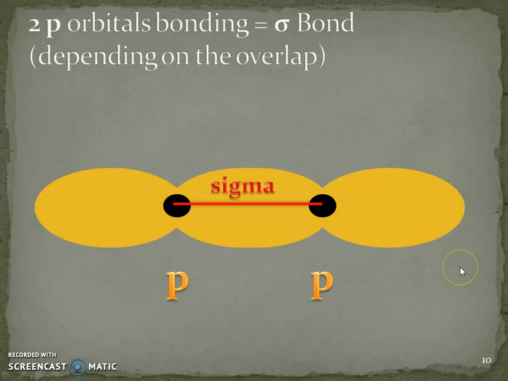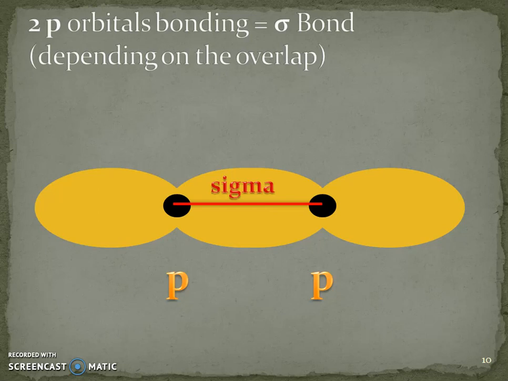So how about when two p orbitals come together? You have a p here, that's a dumbbell, and you have a p here, that's a dumbbell. The dumbbells share the overlap area in between, and that overlapped area is going to depend on what atoms are coming together. If you have two of the same, the overlap is probably going to be 50-50. But if you have a huge atom and a very small atom, then it's going to be a little bit closer together.